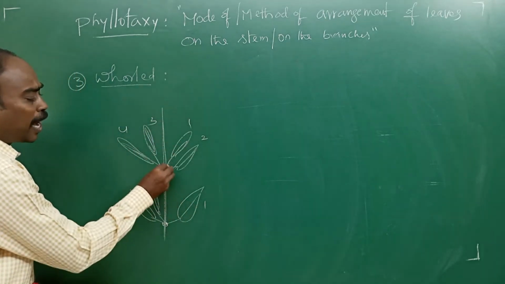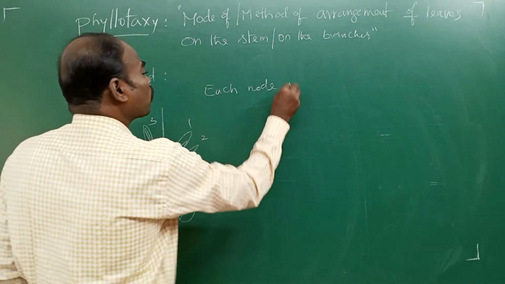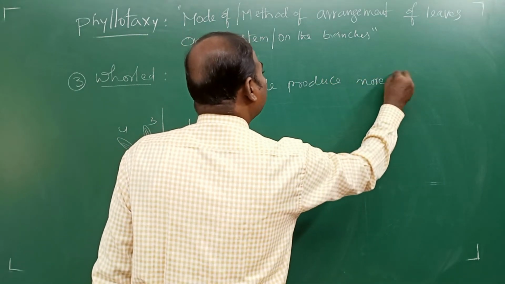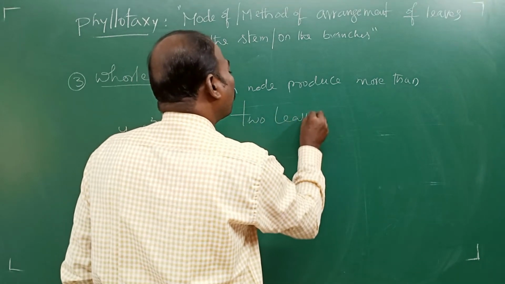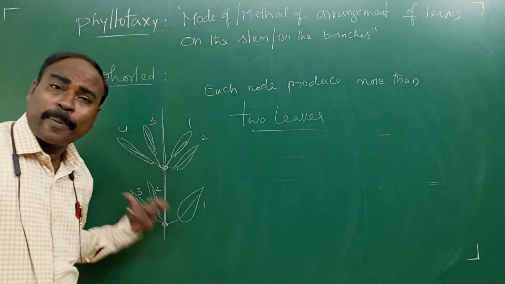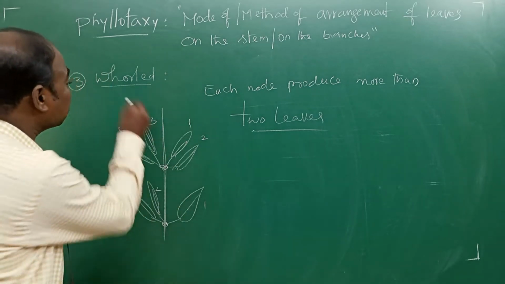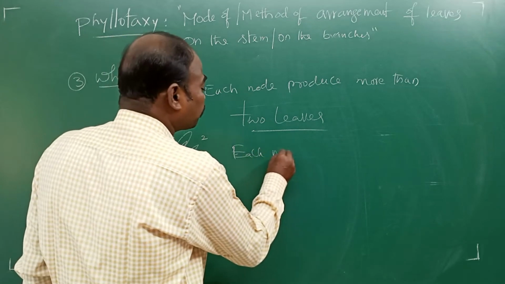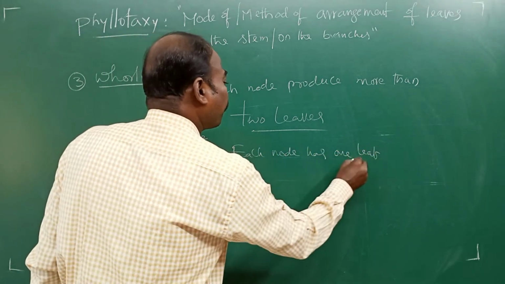Means each node produces more than two leaves. So each node possesses more than two leaves. Such a phyllotaxy is called whorled. Each node has one leaf, only one leaf.